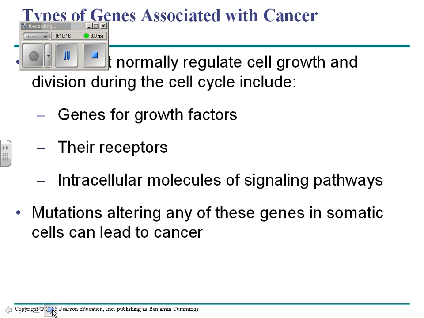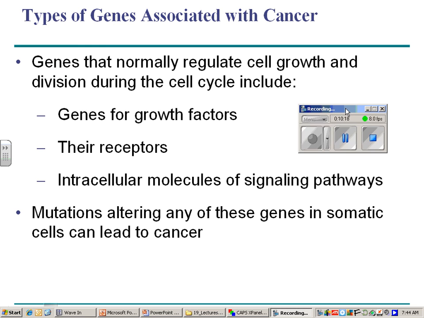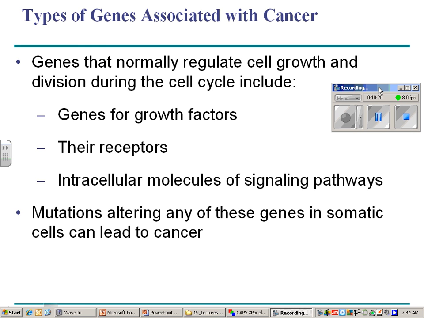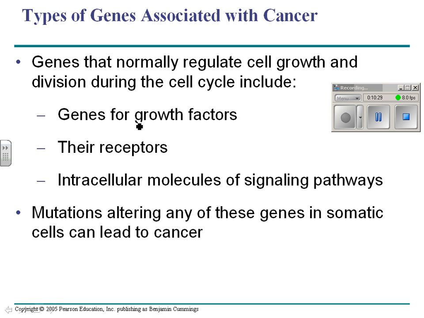There are genes that normally regulate cell growth and division during the cell cycle, including genes for growth factors. In other words, genes that make the cell grow. They're receptors, the proteins on the surface of the cell that pick up signals, and then other signaling molecules. Any mutation in any of those genes can lead to cancer.